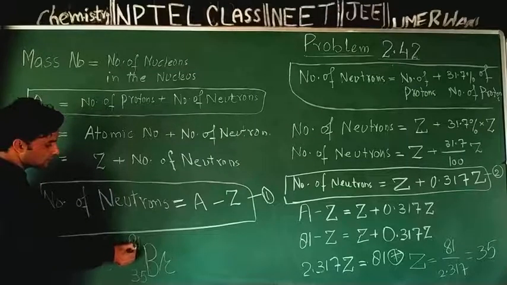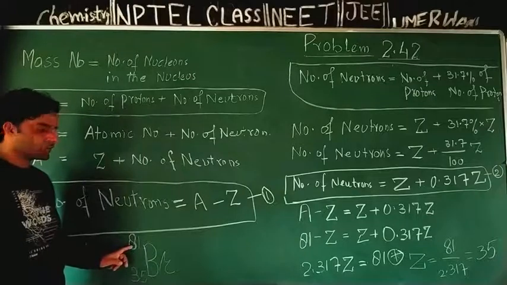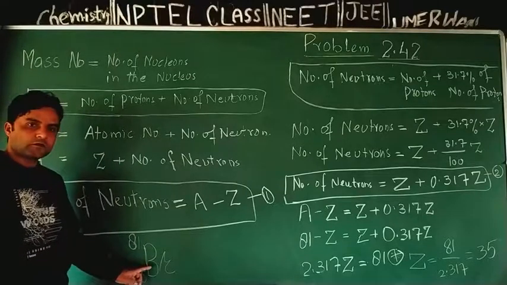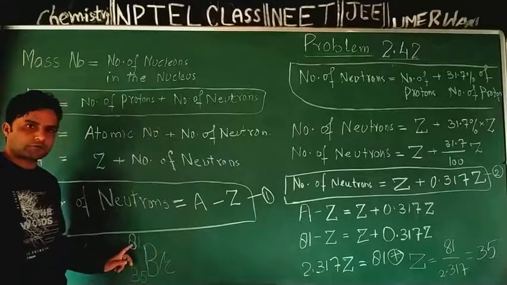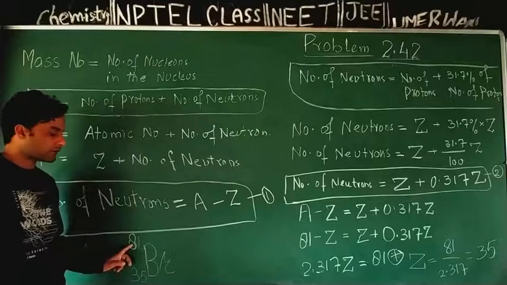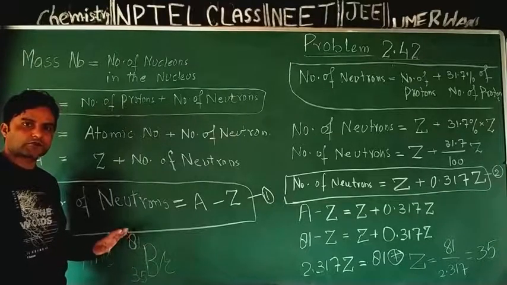Mass number was given in the question, but on basis of mass number I cannot predict which element is this, because mass number is not fundamental characteristic or fingerprint of an element. Two or more elements can have same mass numbers.